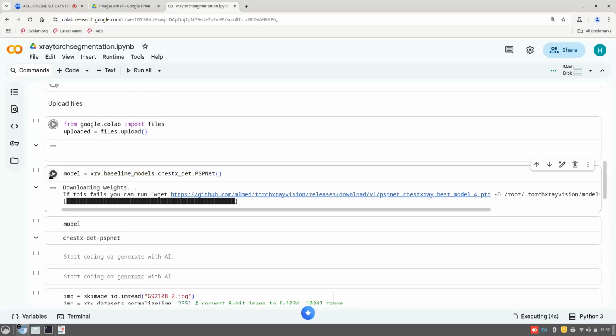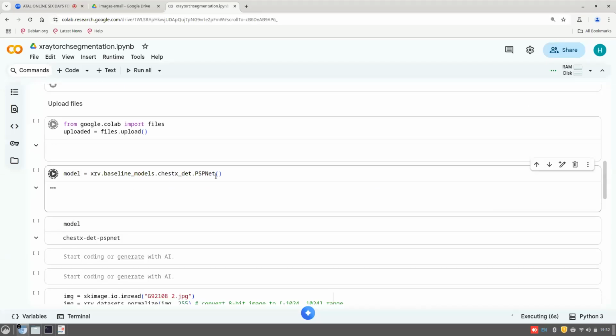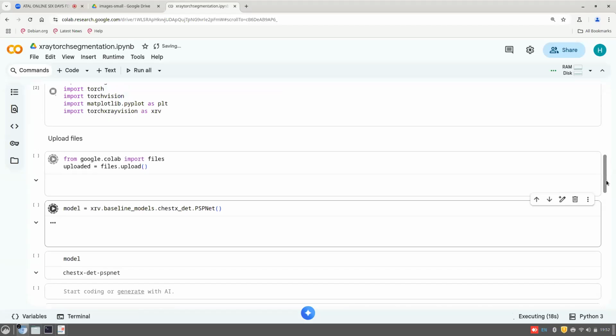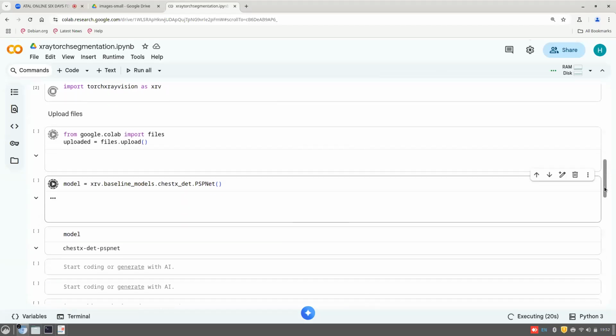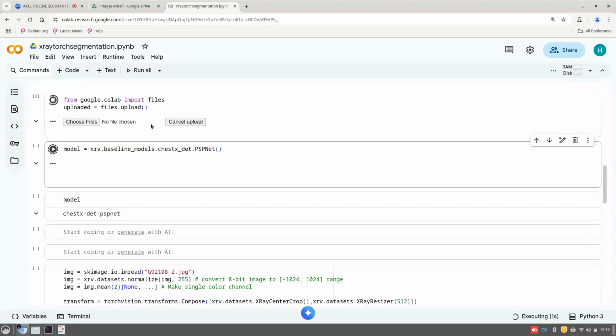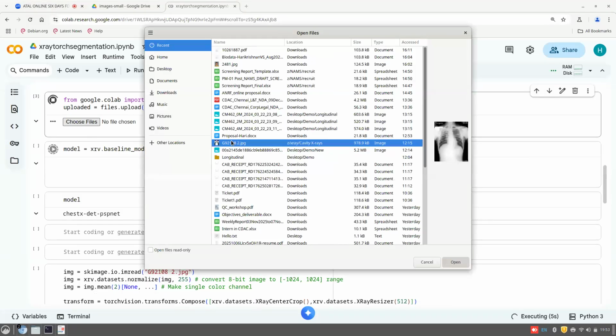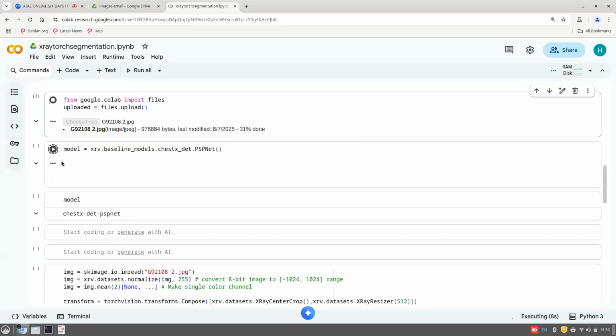Again I'm loading my model, PSPNet, which is a model used for segmentation of body parts from chest X-ray images. Segmentation means I can extract the heart region or lungs region associated with the chest X-ray image.